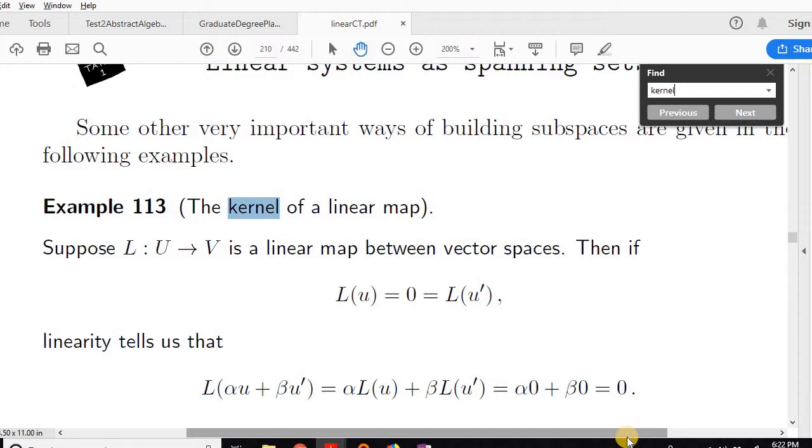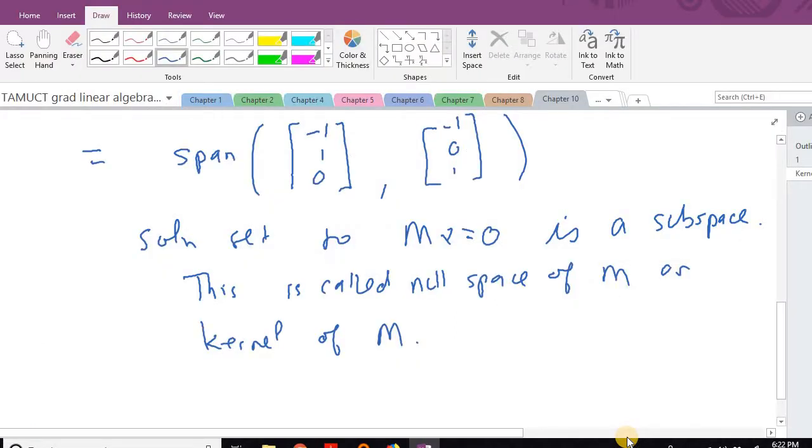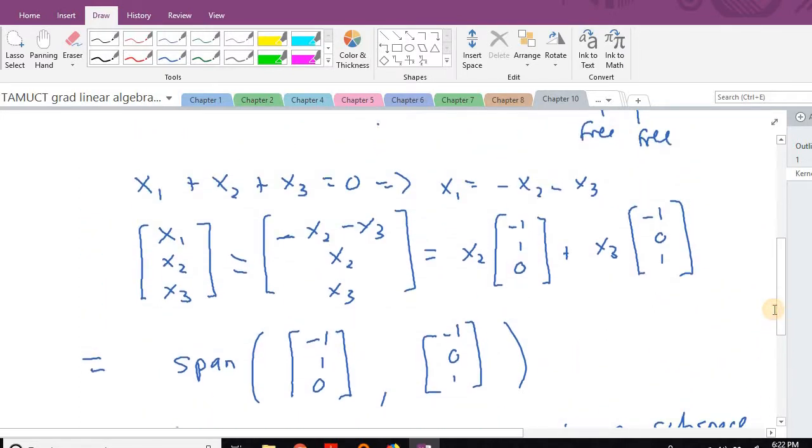That's exactly what we saw here. If we have these two vectors, these two vectors are both solutions to the homogeneous equation. But so is any linear combination of those two vectors.